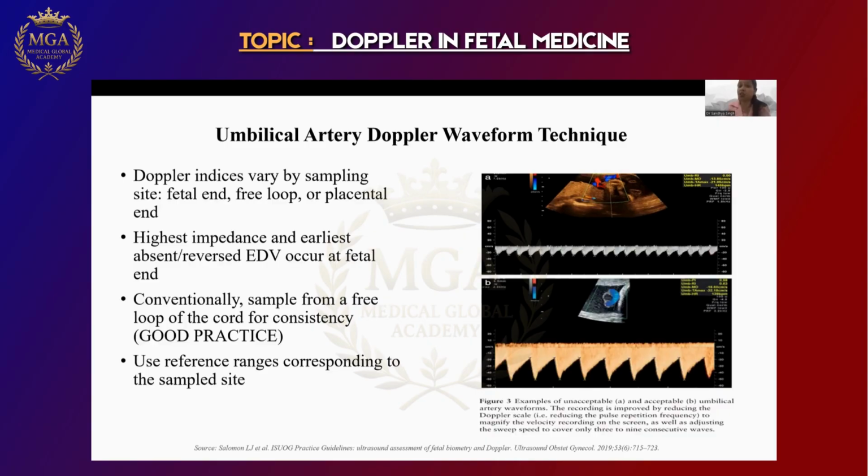That is why most of the charts are made on the free loop of umbilical artery. Okay, so you can use any, but you have to choose a chart as per your practice. If you want to take the placental end, okay, you can, but choose a chart which calculates PI as per placental end. Most of the charts which are freely available are based on the free loop.